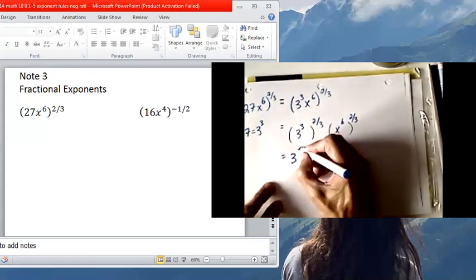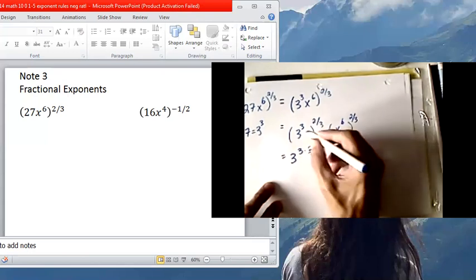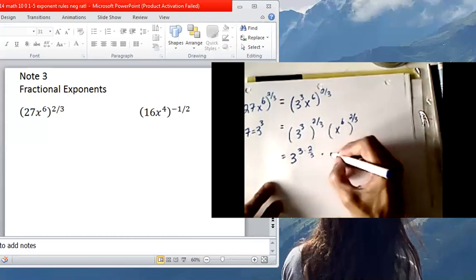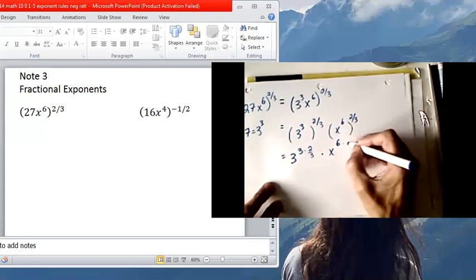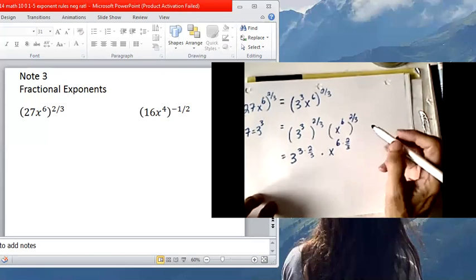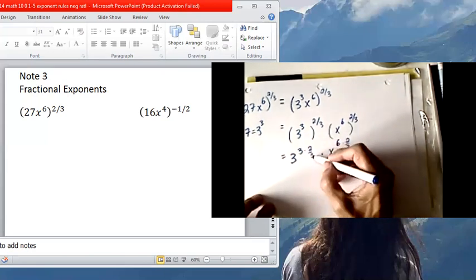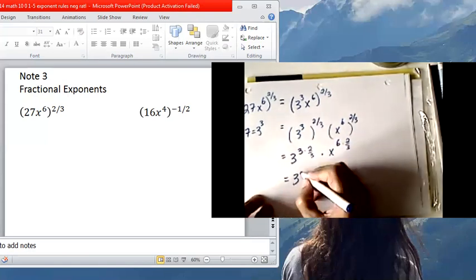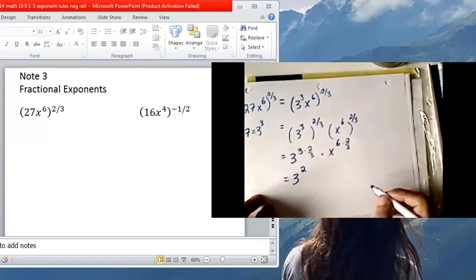We have 3 now times 2 over 3 for that first exponent there. And that's going to be times x to the 6 multiplied by 2 over 3. Okay, and so notice that these 3's, one's on the top, one's on the bottom, they can divide out with one another. And that leaves 3 to the power of 2 only.